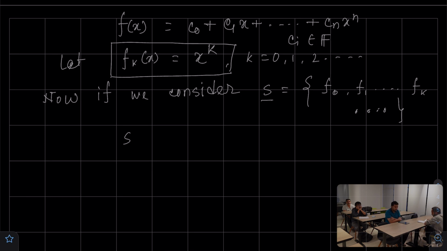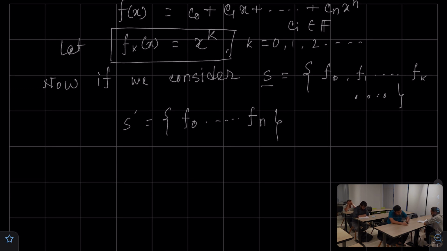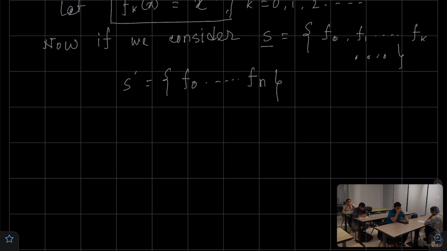So now let us consider a subset S prime, which is the subset of that set, and that is F0 to Fn.